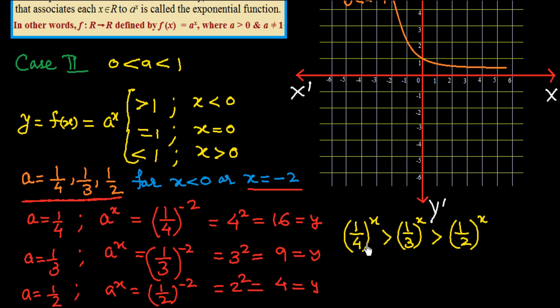As a increases, a is smaller here, 1 by 4, which is greater. If a increases, y decreases. You see here the y decreasing order, 16, 9 and 4. So it is decreasing. If x is increasing, y is decreasing.